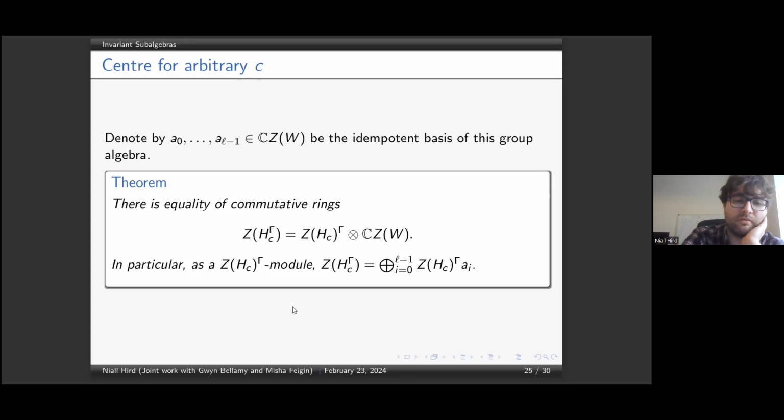Quite neatly, it turns out it looks exactly like the invariants of the center of the rational Cherednik algebra, but with all of the center of the group terms appearing as well, with the group algebra of the center of the group. And it decomposes into a direct sum of the invariants of the center times these AIs, and these AIs are just some idempotent basis of the group. It depends on your group what that would be.